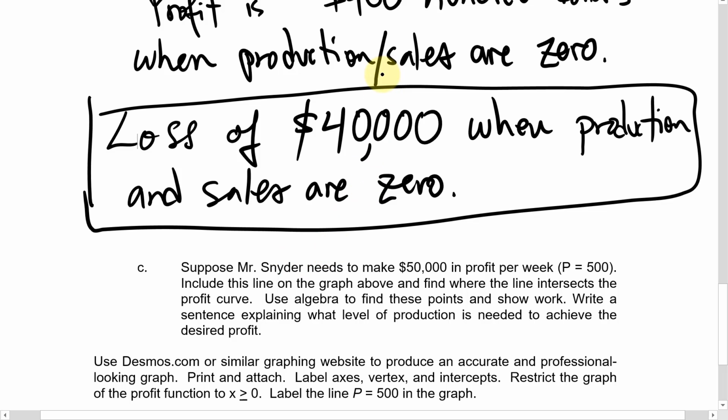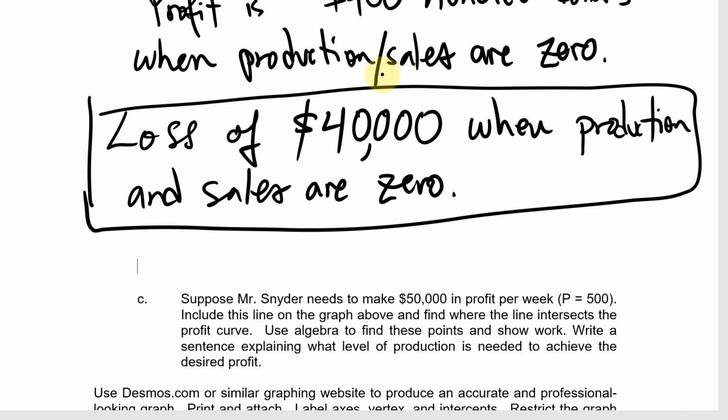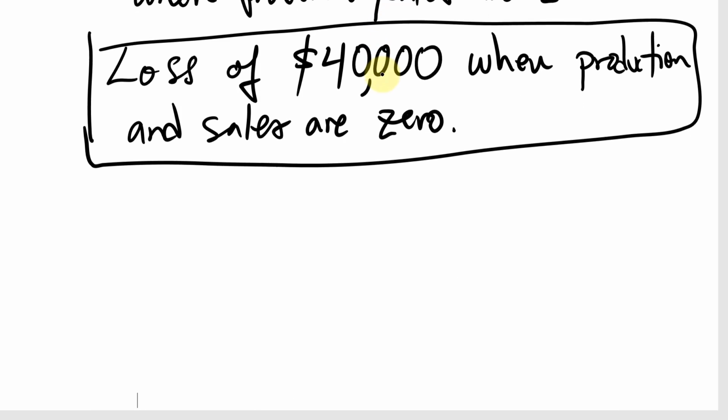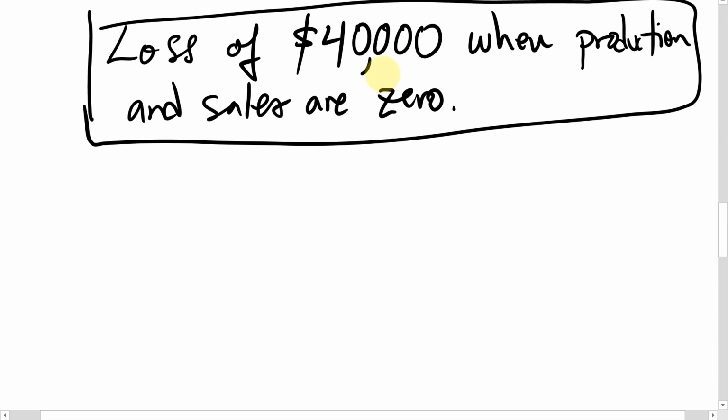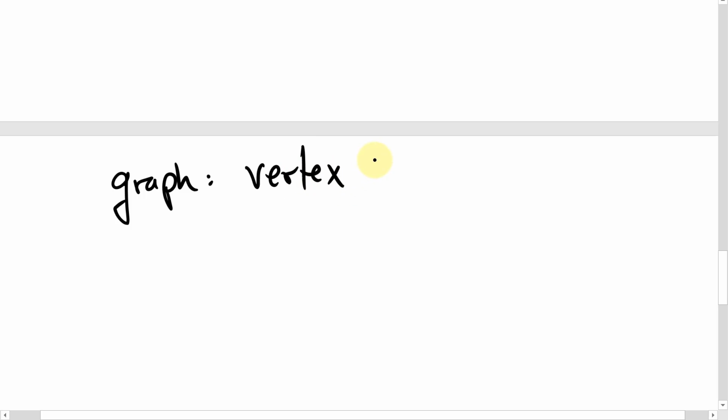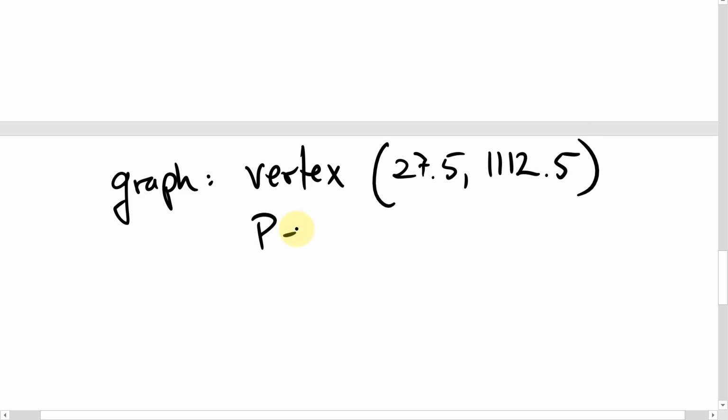Now we've got one more thing to do for the graph, but maybe we can use the pieces that we have so far to illustrate what we know about the graph. So let's put that together. We found the vertex. And if I just graph it in terms of the x and p values, it's 27.5, 1012.5, and we've got a p-intercept at 0, negative 400.